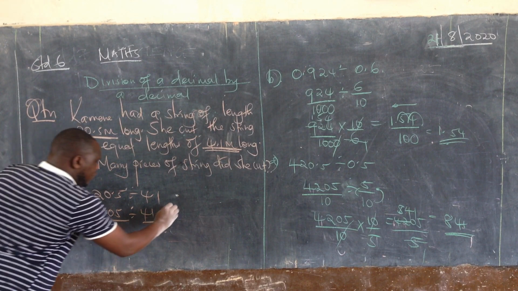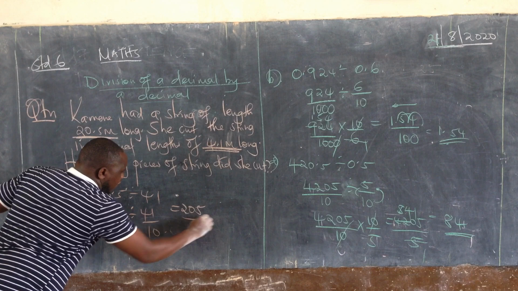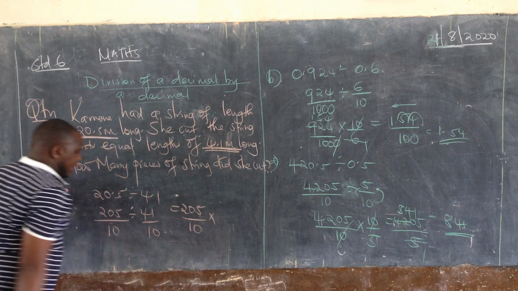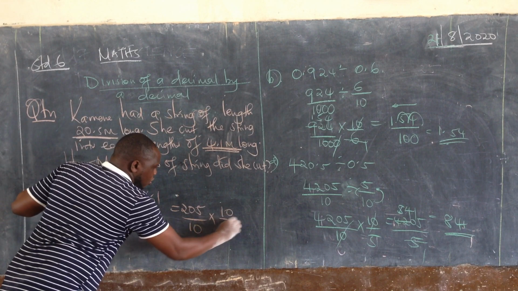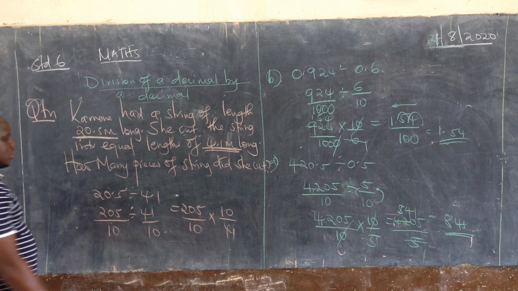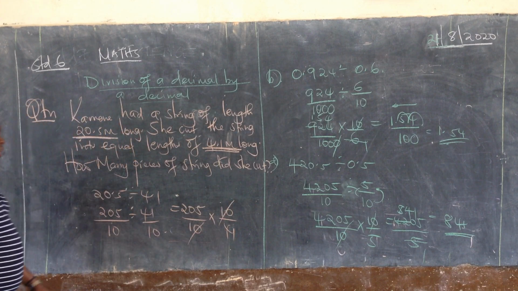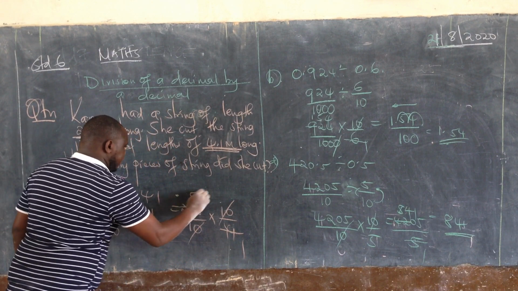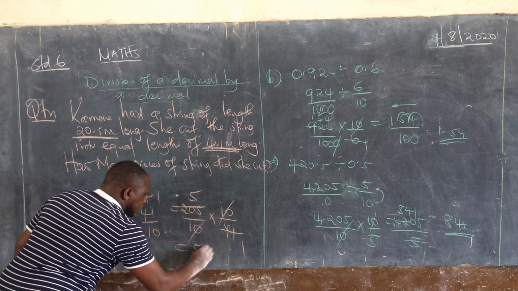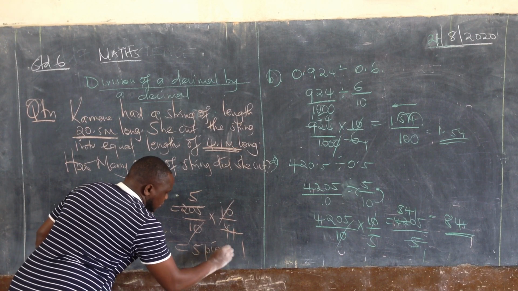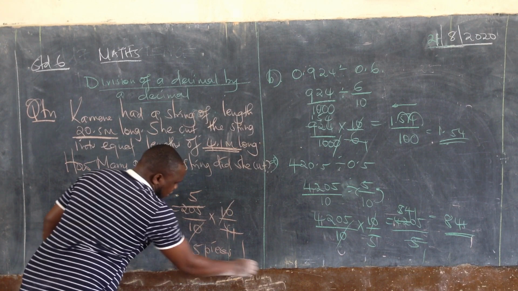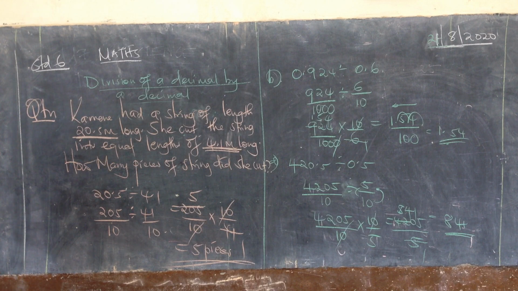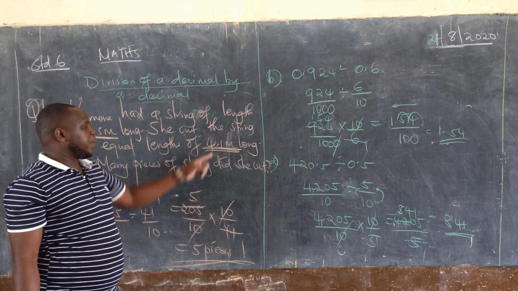So here you have 205 over 10 multiplied by 10 over 41. So this and this will cancel. Then 41 into 41 is 1, 41 into 205 is 5. So you'll have 5 pieces. Your answer becomes 5 pieces. So she cut 5 pieces of 4.1 each.